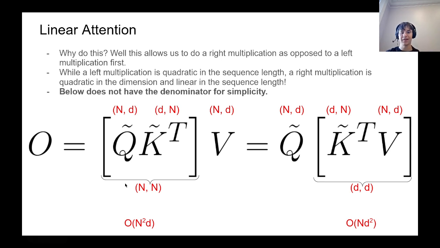As you can see here, in normal attention you would have softmax of qk transpose. So you have to do a multiplication of q and k first, which gives you this n squared matrix. And then you multiply it by the values. And this forces you to have this really, really large matrix.